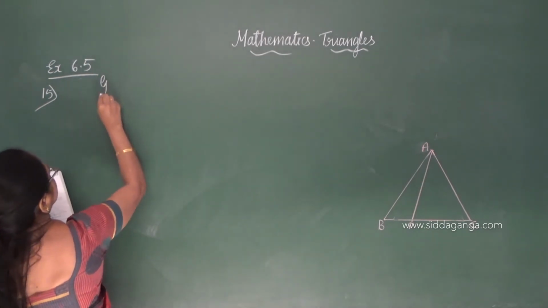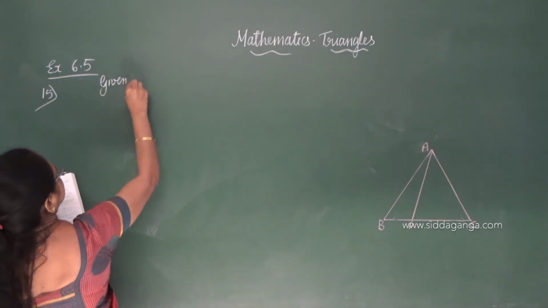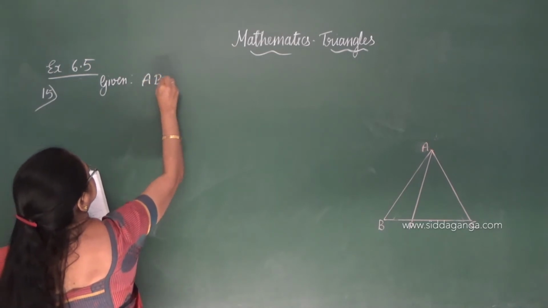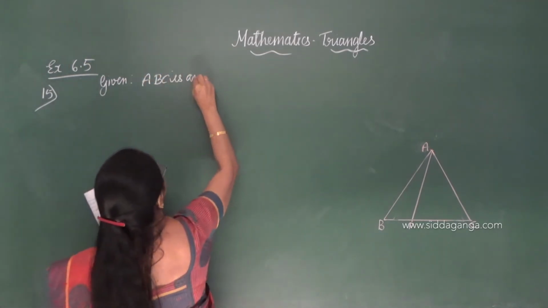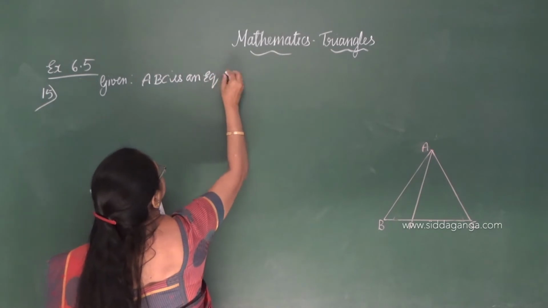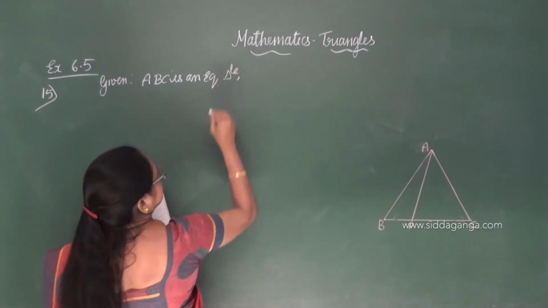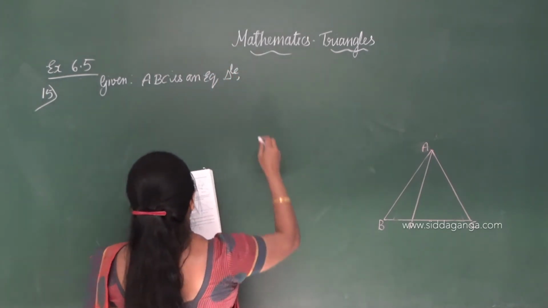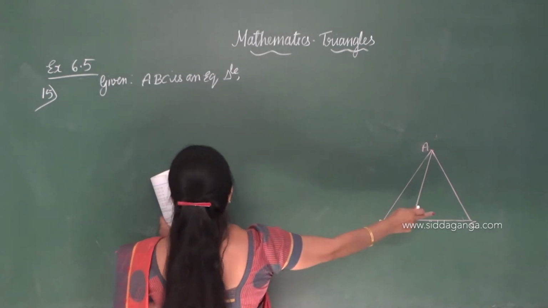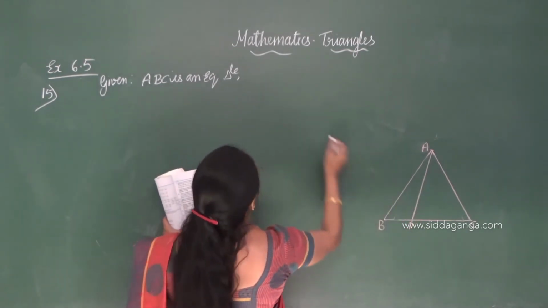So given, again you can write ABC is an equilateral triangle. Then in that what else is given? D is a point on the side BC.